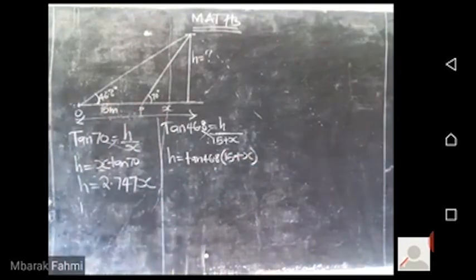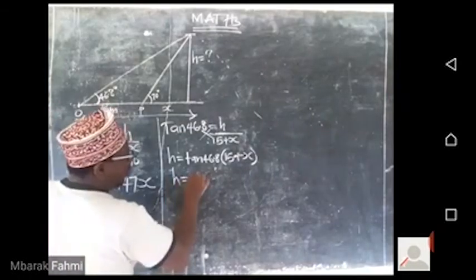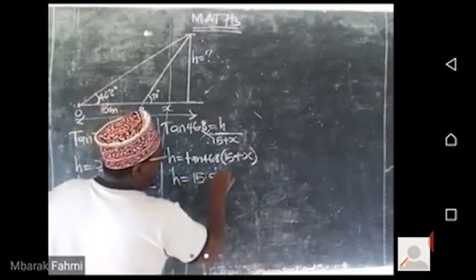So tan 46.8 times 15 first is going to give us 15.97. Height is equal to 15.97.